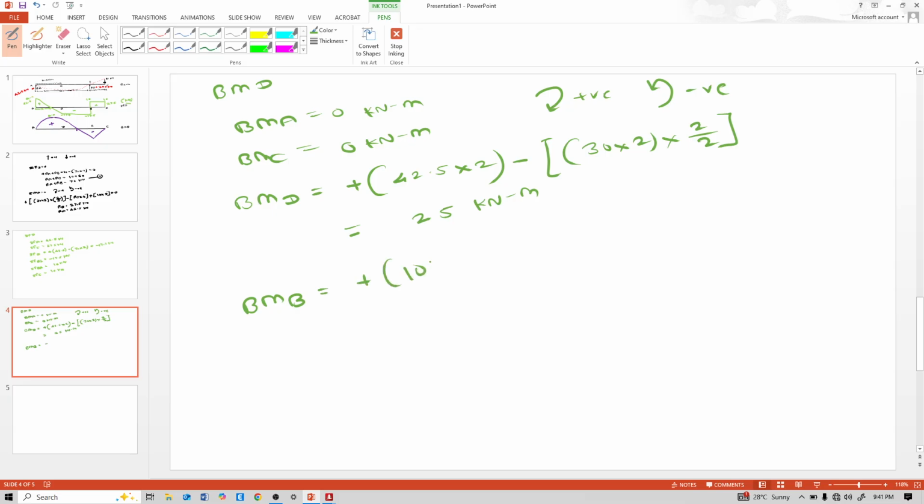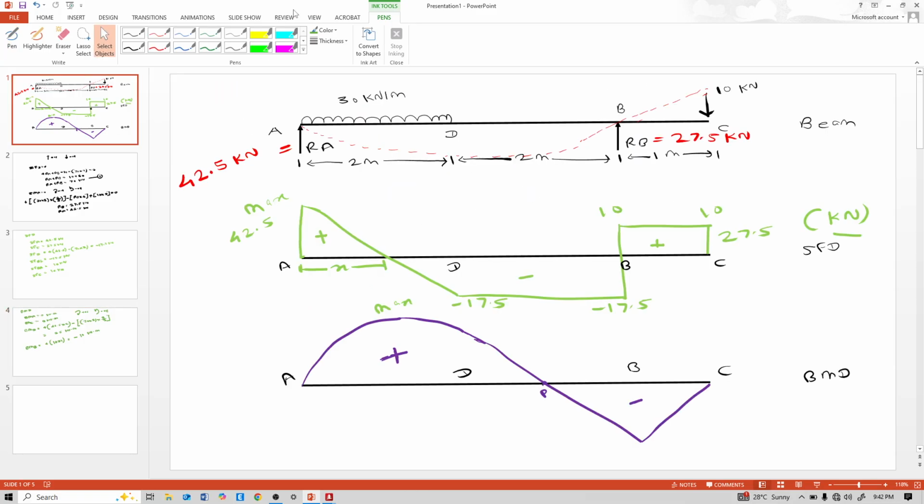But when we calculate bending moment from right hand side, change this side. 10 kilonewton meter. So this is minus 10. Unit is kilonewton meter, and here it is 25 kilonewton meter. At point C it is 0 and at point A it is 0.